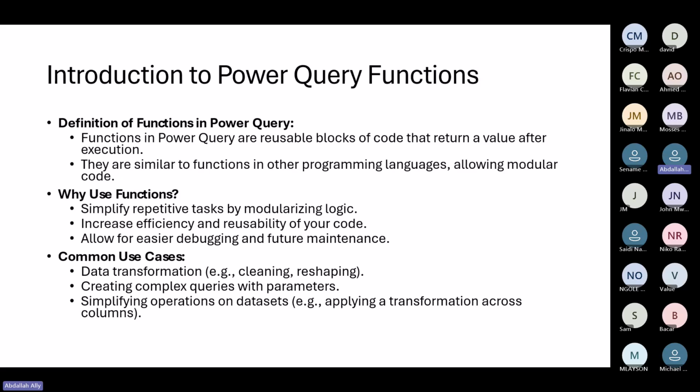Taking advantage of a function, you can create it once and call it 5 times. Using a function is called calling a function, which means you use an already created function. Some other use cases are data transformation, data cleaning, and many other tasks that functions help with.